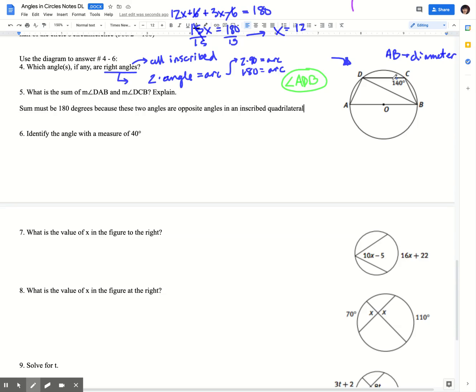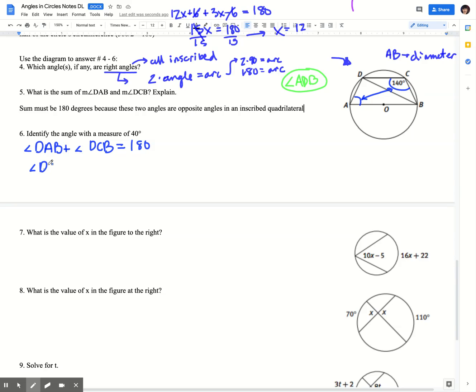Well, the only angle that we know is this one, 140. But remember from that last one, I know that these two angles across from each other have to add up to 180. And 140 plus 40 equals 180. So that means angle DAB plus angle DCB has to equal 180.